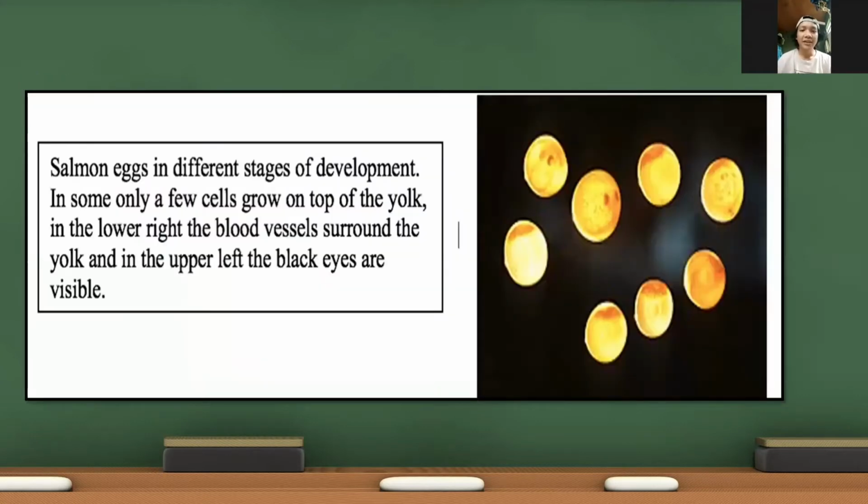So this is an example of amphibians that lay their eggs in water. This is also an example of salmon eggs in different stages of development. In some, only a few cells grow on top of the yolk. In the lower right, blood vessels surround the yolk, and in the upper left, black eyes are visible.